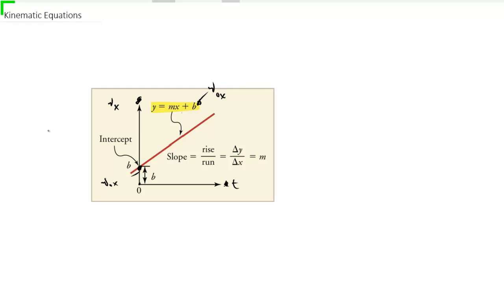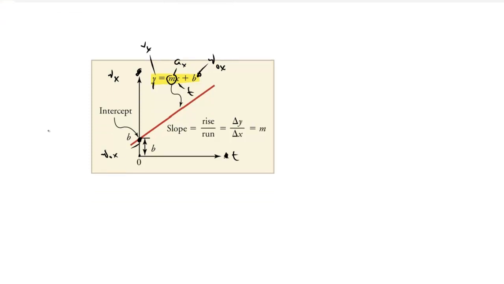And since we're plotting velocity versus time, we know that our slope is equal to the acceleration in the x direction. And we're no longer plotting y versus x. Instead, we are plotting velocity in the x direction versus time.